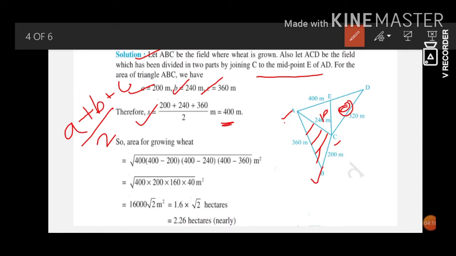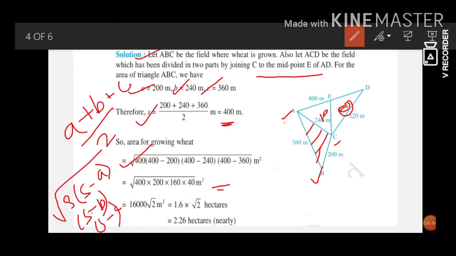Now we will find the area. The area is root of s into (s minus a) into (s minus b) into (s minus c). So 400 into (400 minus 200), (400 minus 240), (400 minus 360). We will get 400 into 200 into 160 into 40.